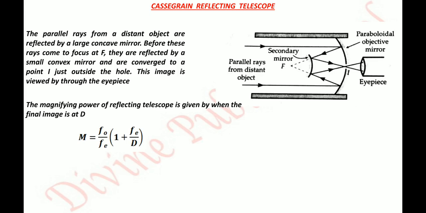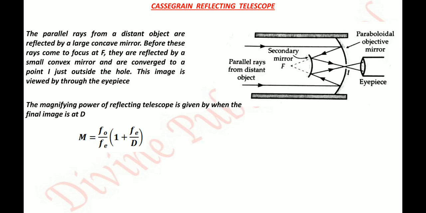As you can see, this formula is the same as the one we studied for the refracting telescope. But what is the difference here? FO represents the focal length of the objective, and this time it is a concave mirror, so it will be negative according to the sign convention. FE is the focal length of the eyepiece.